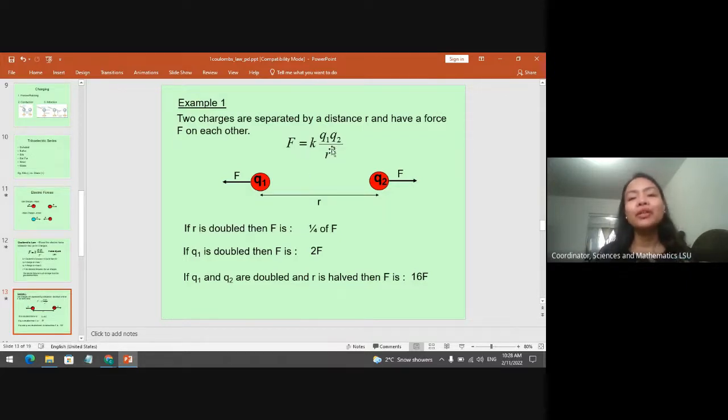Now, if Q1 and Q2 are doubled and r is halved, then the electric force will be 16 times the force, because you are doubling your Q1 and Q2 and decreasing the distance. So the greater the charges, the greater the electrical force. The greater the distance between the two charged objects, the lesser the electrical force, but the nearer they are, the greater the electrical force.